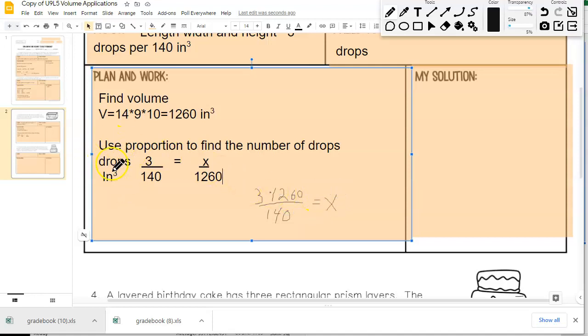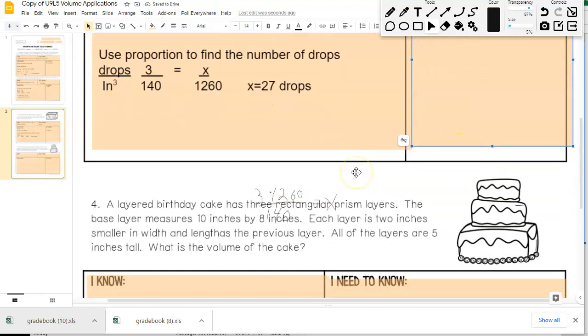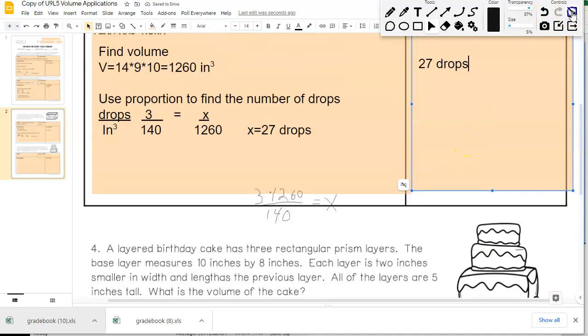So notice we used our proportion of drops over cubic inches. And then we just solve our equation. And that means that our x is 27 drops. Alright, so our solution is that we need 27 drops. Alright, I'm going to clear that out.